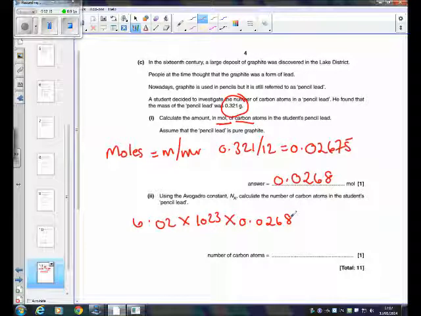So Avogadro's number times the number of moles from the previous question, and we should get an answer of 1.61 times 10 to the 22. And that is for 1 mark. Okay, you would get error carried forward, so if you did this answer wrong but you did this calculation right here, you would still get the 1 mark.